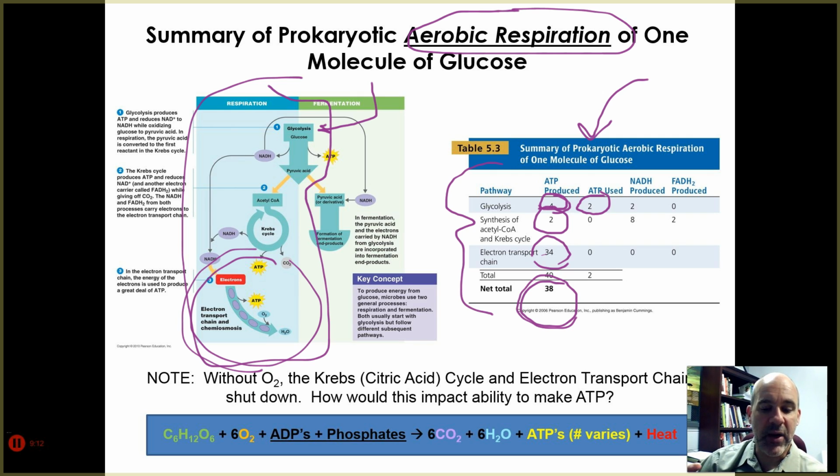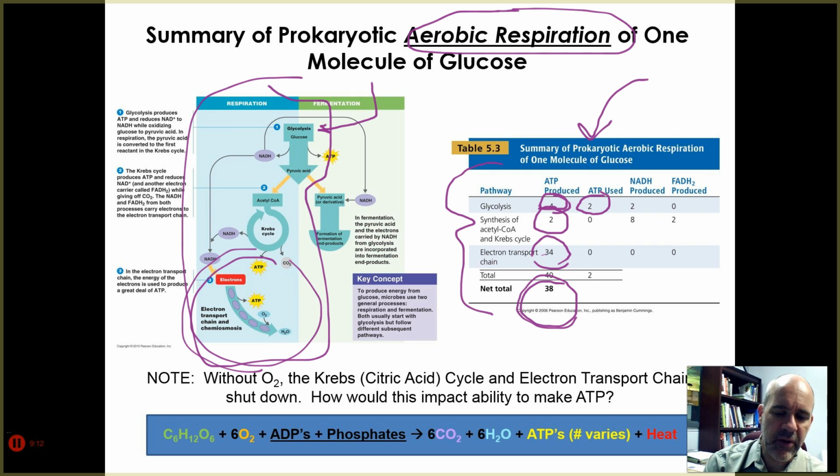But they actually don't make quite as many ATPs per glucose as a bacterial cell does, because it requires some energy use to get the pyruvic acids from glycolysis converted into acetyl-CoA and sent into the mitochondria. That actually uses up some energy. So cellular respiration is a little bit less efficient in a eukaryotic cell like we have in general.